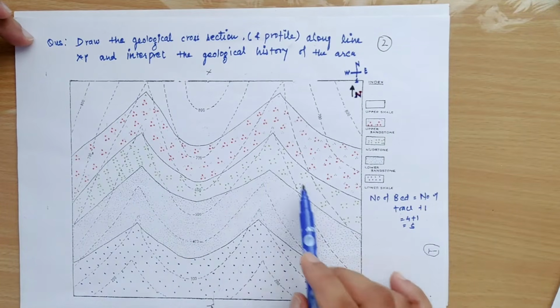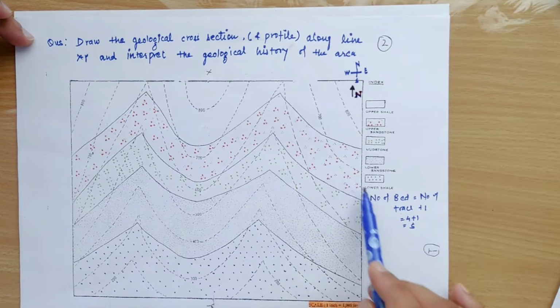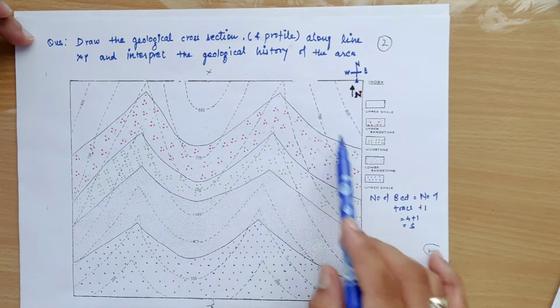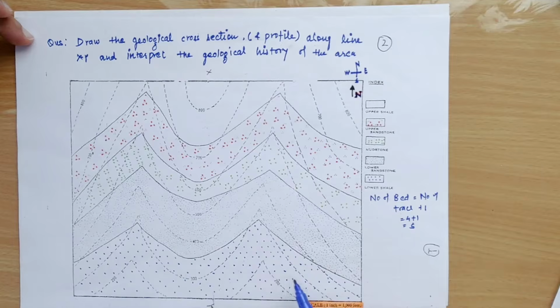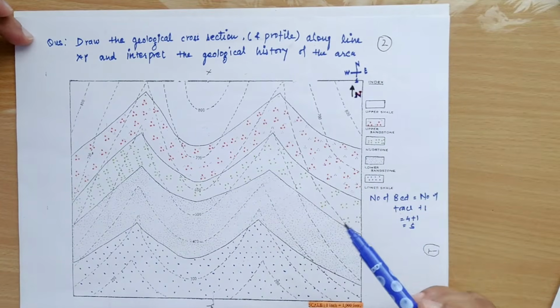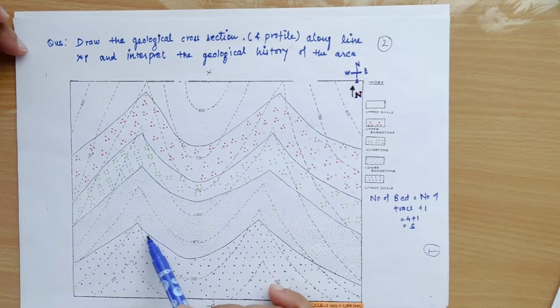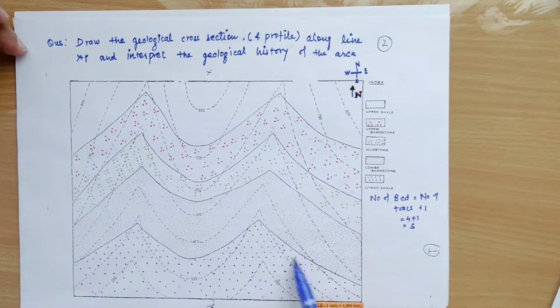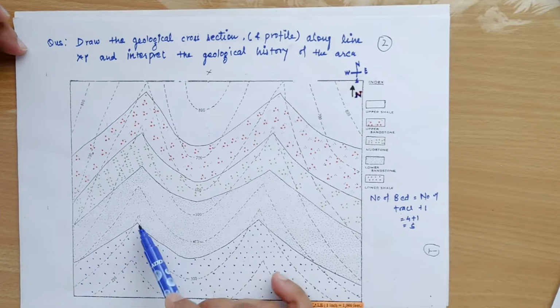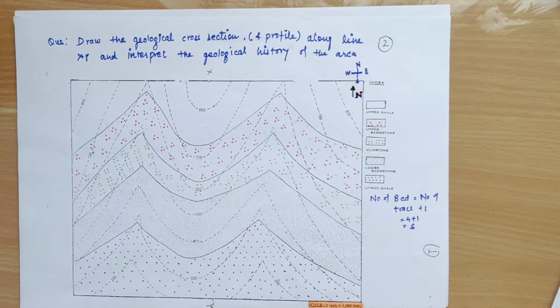Now we can interpret the nature of the beds by seeing the relationship between the traces and the contour lines. In the earlier map, the contour lines were parallel to the traces of beds. That signifies that those beds are horizontal. But in this particular case, the contour lines are intersecting the beds. More than one value of contour line is intersecting one trace of a bed. It means a single trace is lying at different elevations.